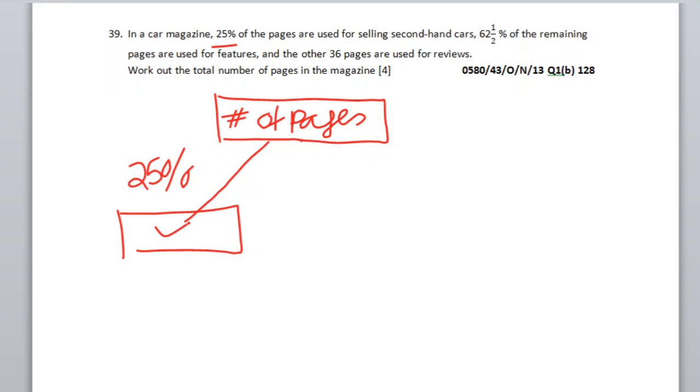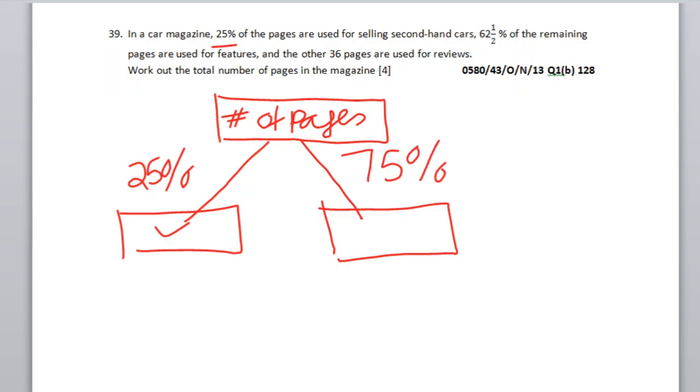Let's make a block for the remaining pages first. 25% represents the data at the left, so 75% will represent this data. 62.5% of the remaining pages are used for features, and the other 36 pages are used for reviews.